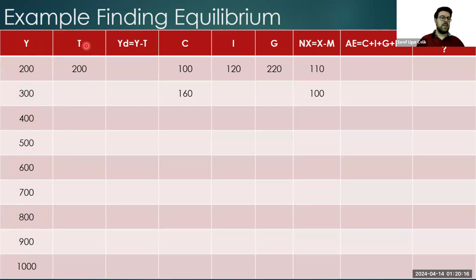That is important. I said the net taxes are autonomous. Autonomous means it is fixed in all rows. So when I put 200 here, it's 200 in all rows.